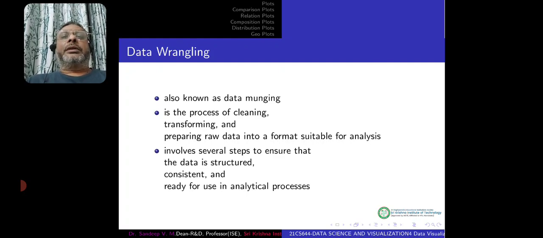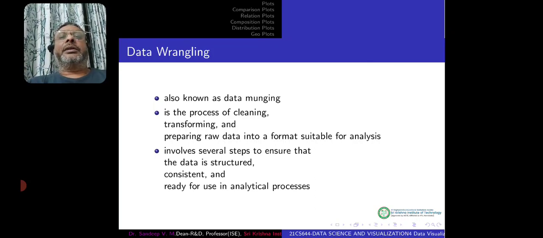So the next alternative is to use this secondary data and prepare it to suit our problem. That's where this pre-processing comes in, and that's where data wrangling plays an important role. So that's one of the important activities to begin with.